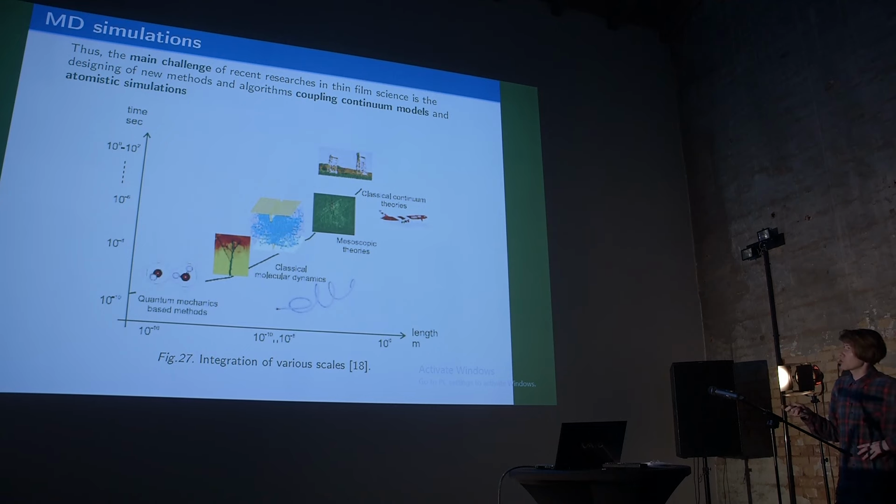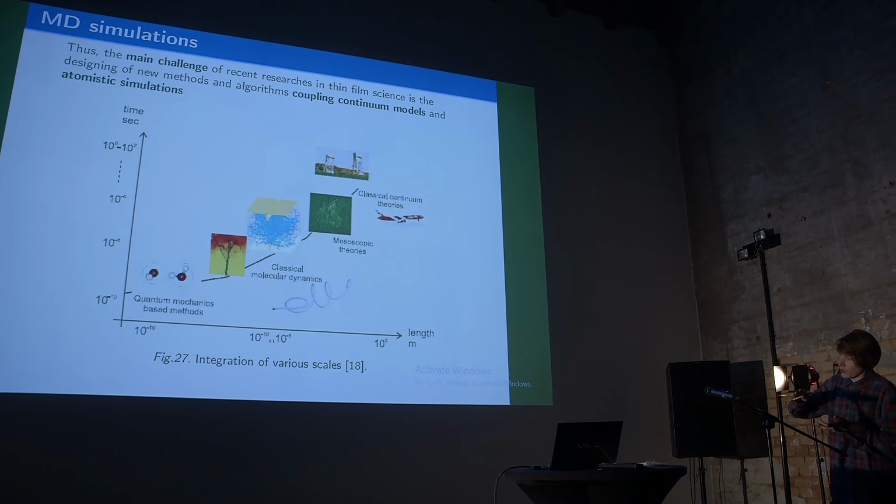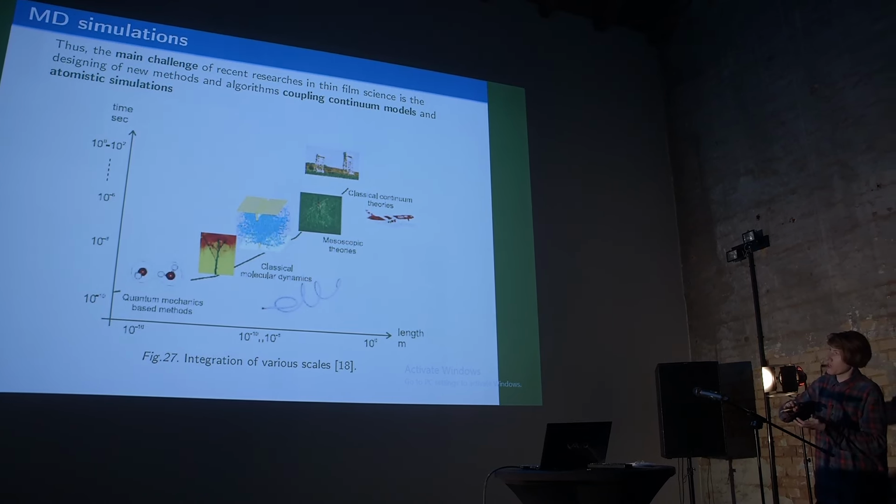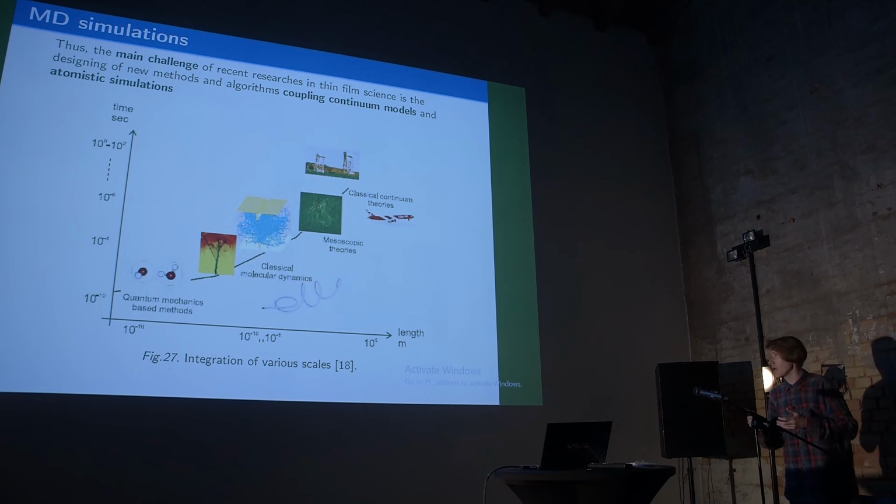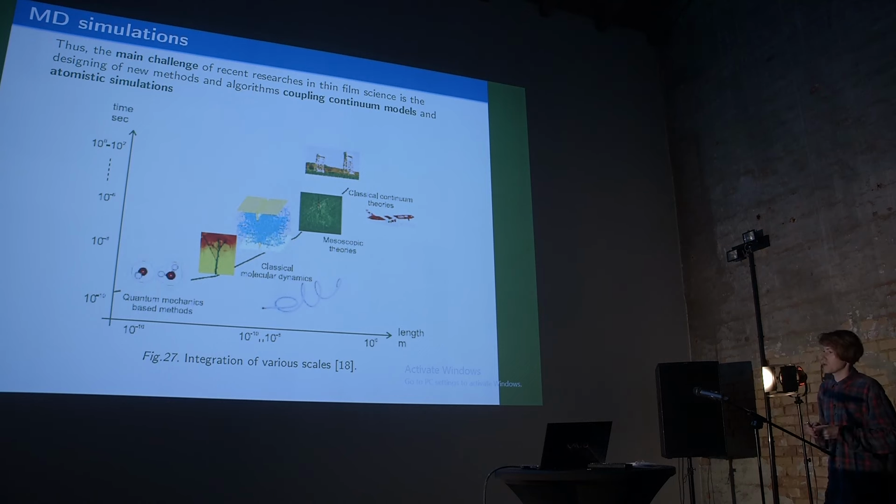So we can use continuum theories for microscales, and when we get to the nanoscale, for example, we can encapsulate in our classical theories MD simulations or quantum mechanics models, and in this way we can describe different systems and different effects.